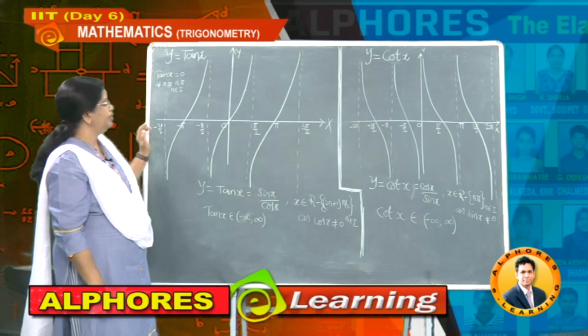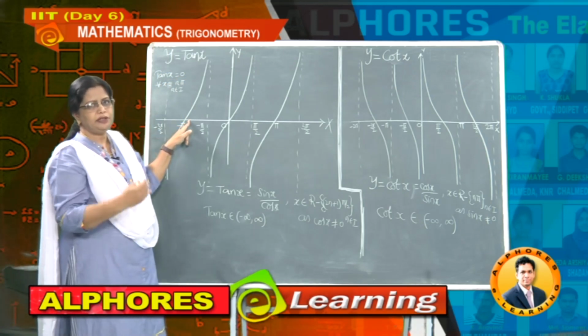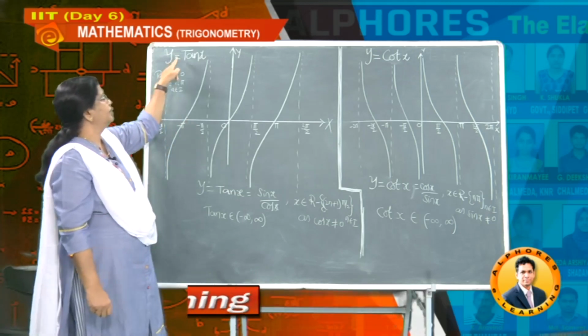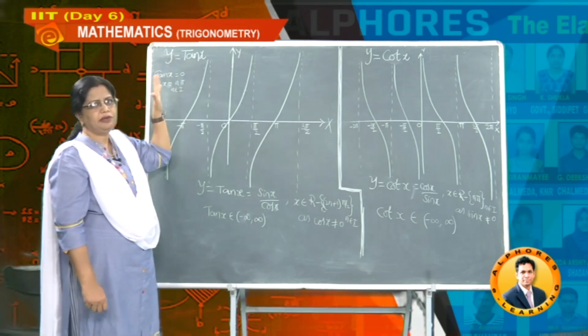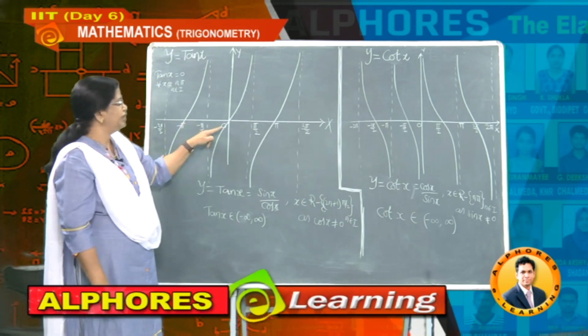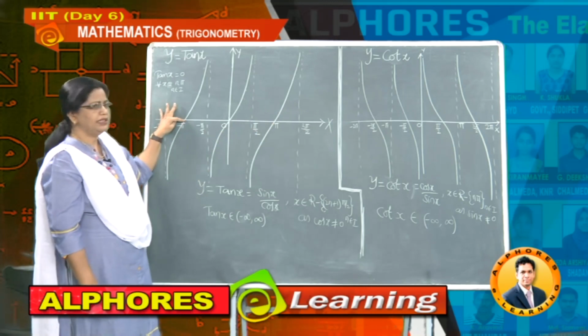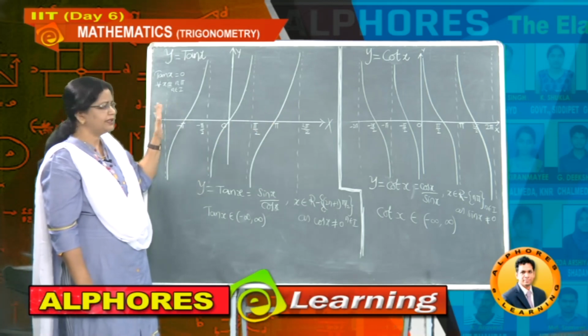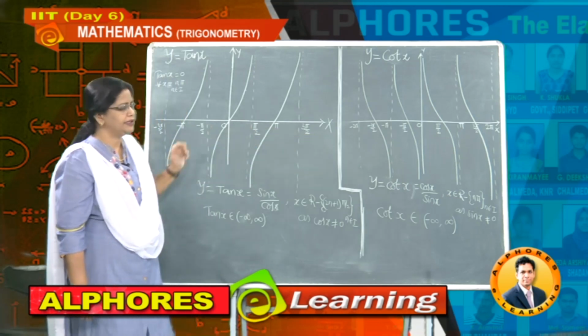That's why you observe the curve is meeting the x axis, which means at that particular stage the y value is 0. Y is 0 when x equals n pi. So minus pi, 0, pi, 2 pi, 3 pi, etc. At those points exactly the curve has to intersect the x axis. So these are the points where the curve is intersecting.